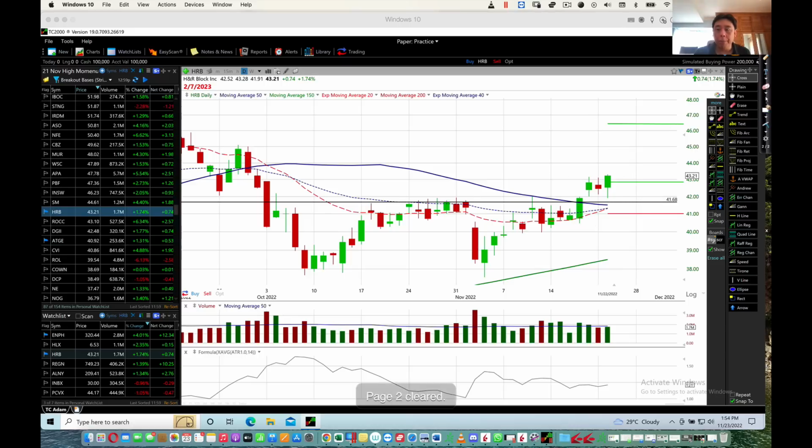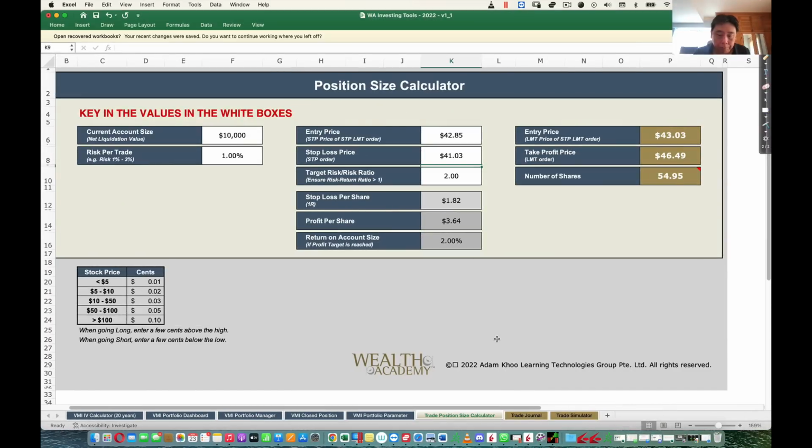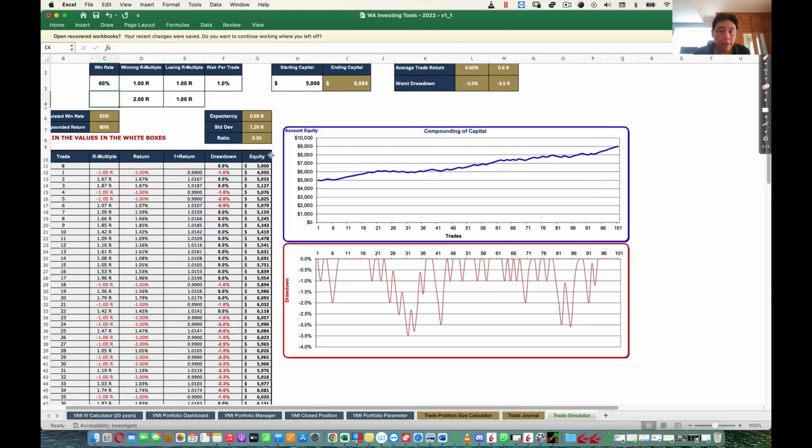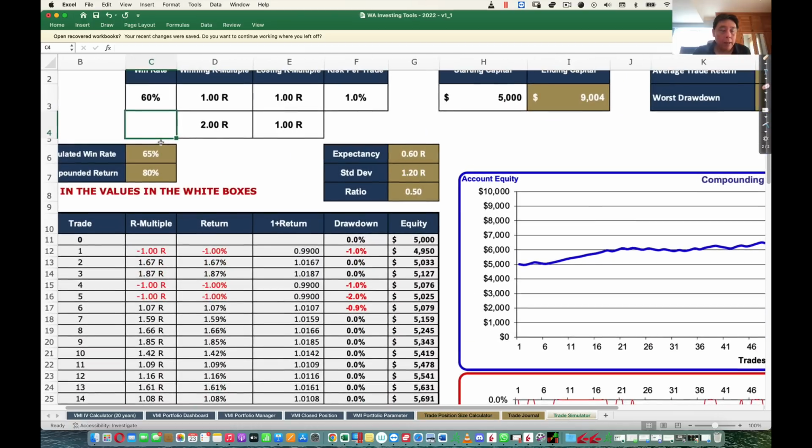So a common question people ask would be, okay, so Adam, if I risk 1% to make 2%, what kind of returns can I get in, say, a year or 6 months? Well, you can actually look at this simulator, which I have over here to give you an idea. This is a trading simulator. Okay.